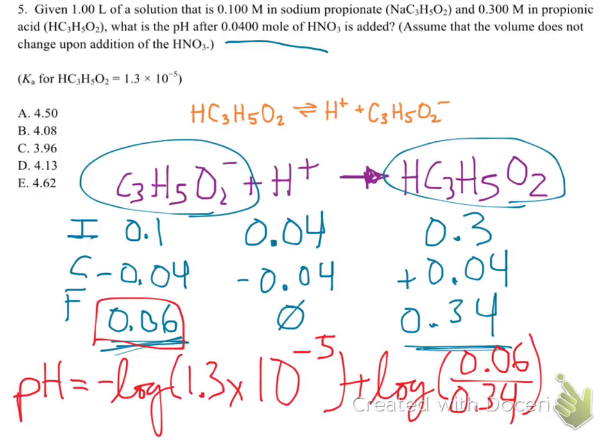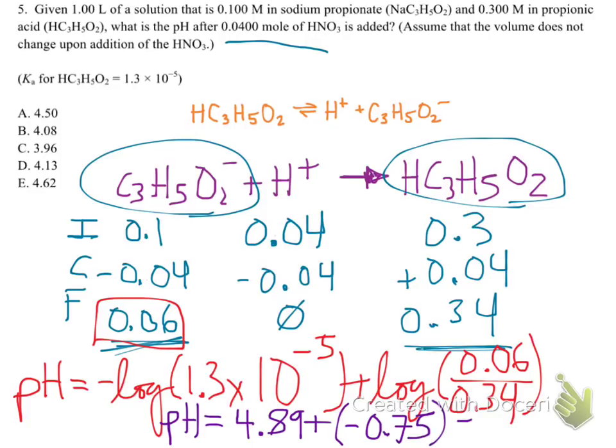This will give us that the pH is equal to 4.89 plus the log of this ends up being negative 0.75. So that means that our pH, when this is all said and done, is going to end up being 4.14. Okay.